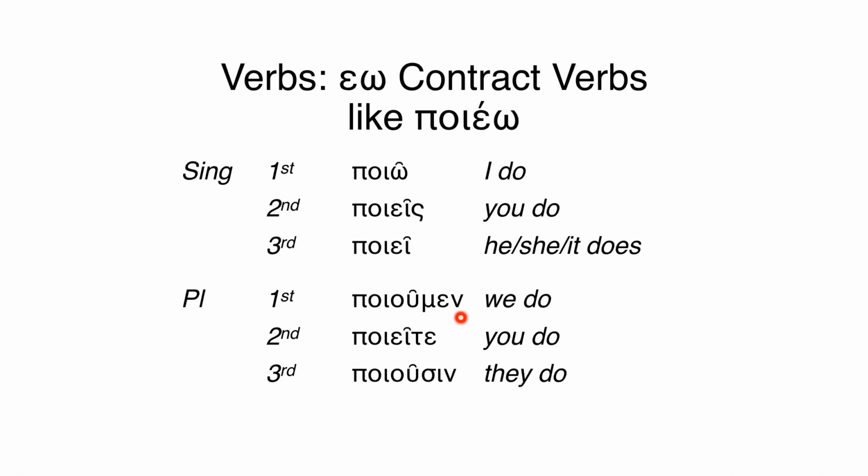Down here, the first person plural, piu men, normally that would be o men. So lu o men for a regular verb. But here we see that the omicron from the o men regular ending has combined, it has contracted with the epsilon of the pieo verb stem and created a new diphthong, this omicron upsilon diphthong.